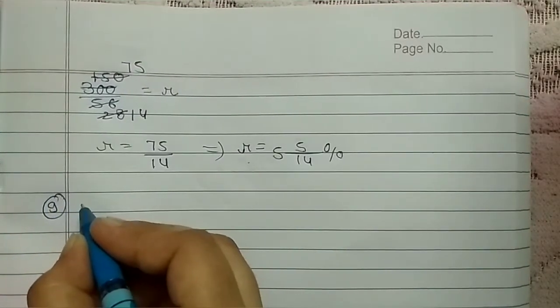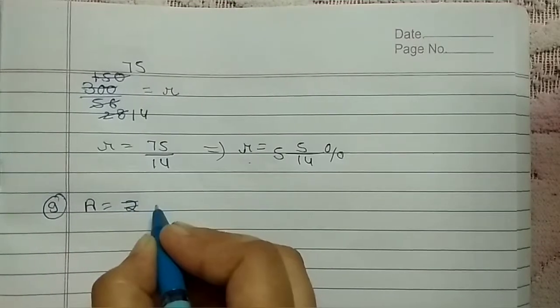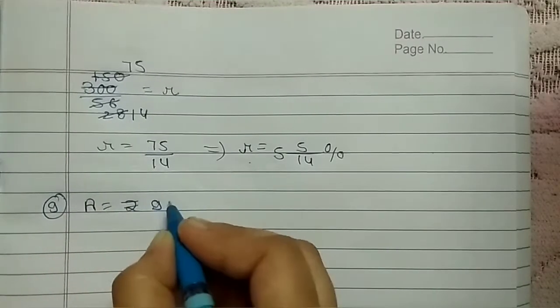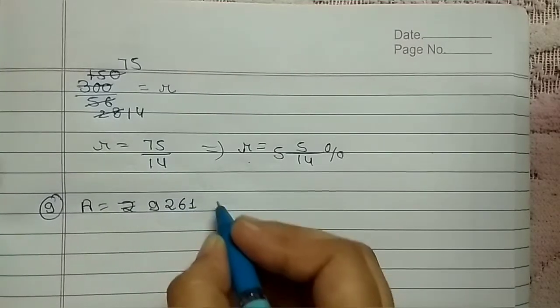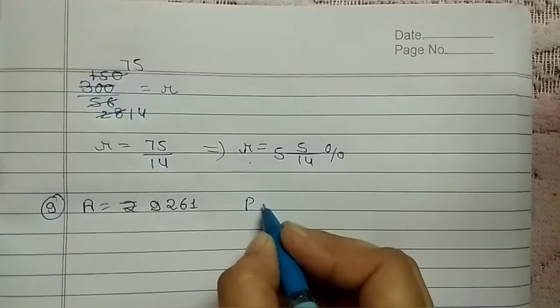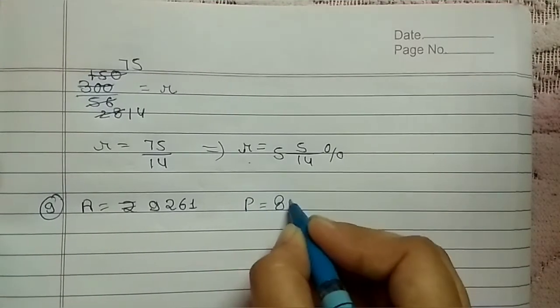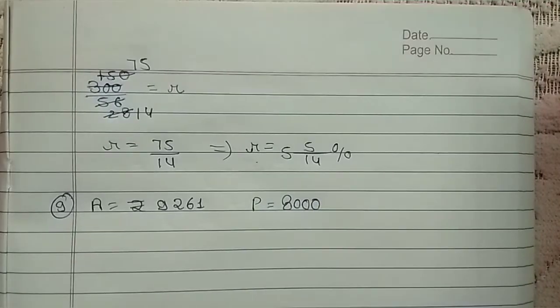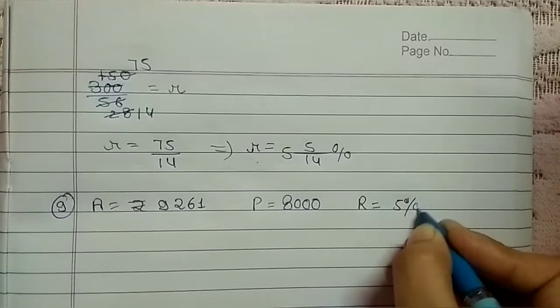In this question we have A equal to rupees 9,261 and we have P equal to rupees 8,000 and we have rate equal to 5%.